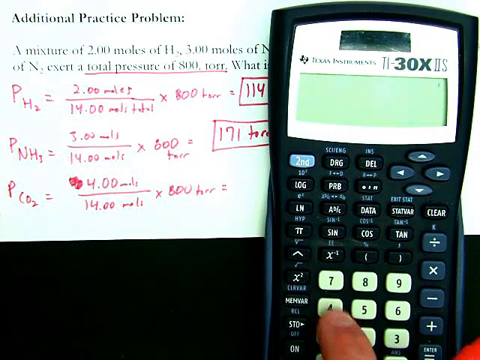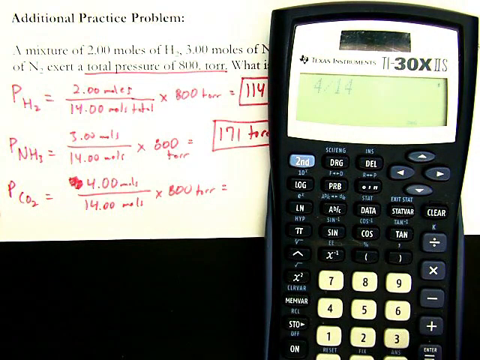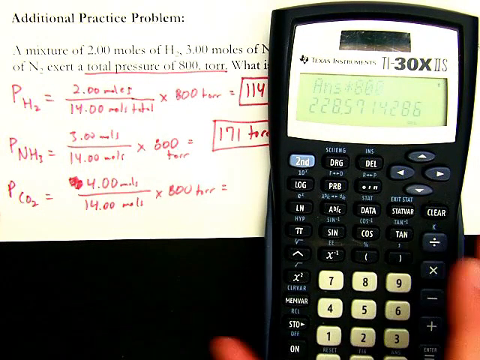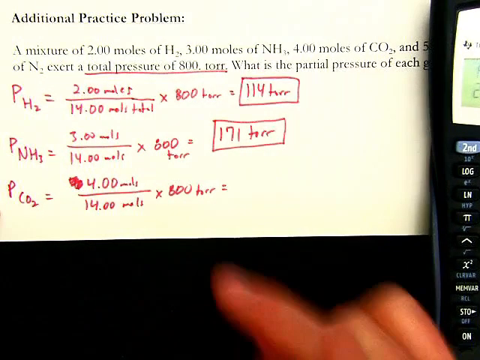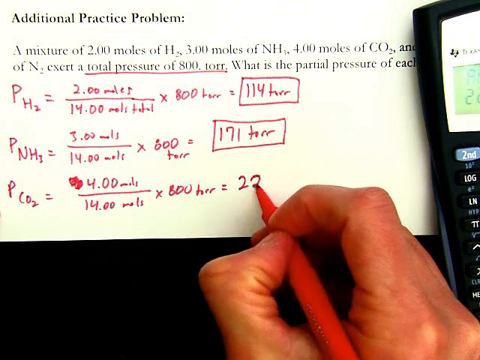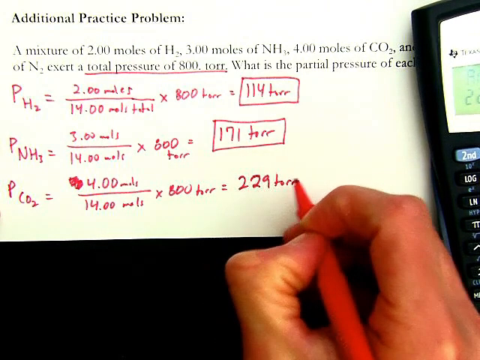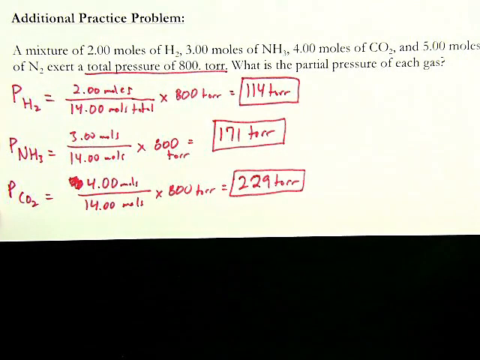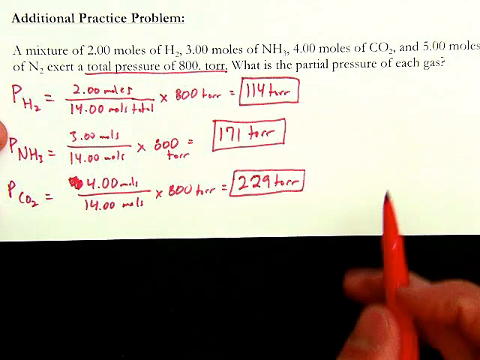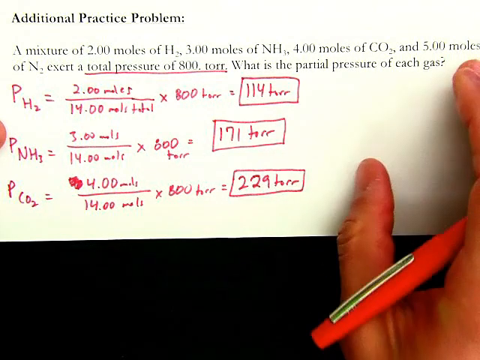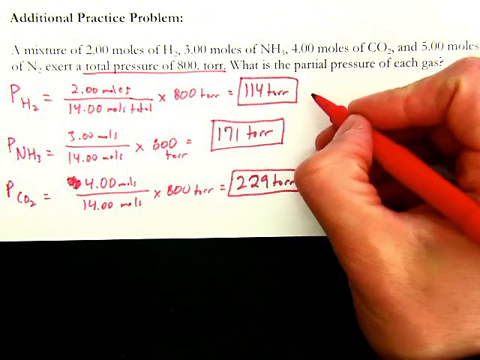So 4 divided by 14 is some number times 800, about, we're going to round here, 229 torr. And again, if you wanted to find the other one, you could just add these up and subtract it from 800 to get the remaining one. But we'll write the other one out too.